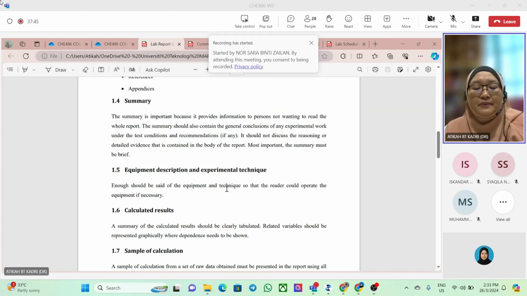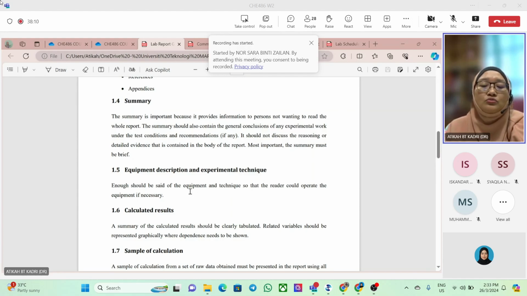Next is the experimental technique. This is where you should write down the experimental technique, and I'm going to explain later what verb form you should use. If it's an open-ended lab, then this is something that you need to construct with your own sentences.